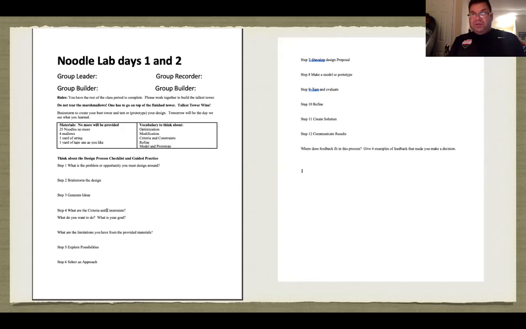Understanding our limitations. Entropy is disorder in a system. Every system has disorder. Understanding where the entropy is, where the limitations are going to exist in this process. So they have to write stuff like that down. And then the other steps of the design process and filling in how they are important or integral to what they did.